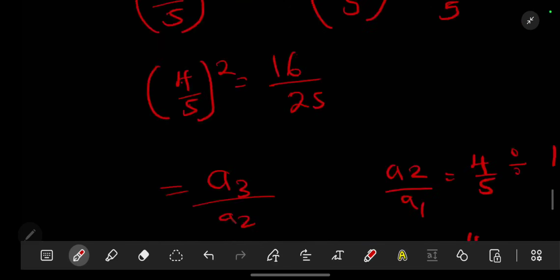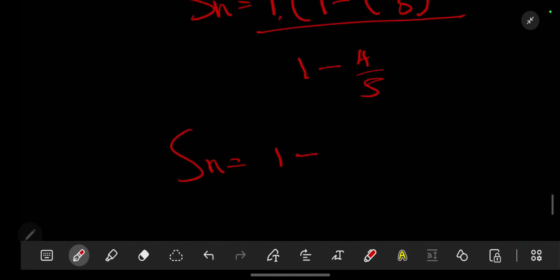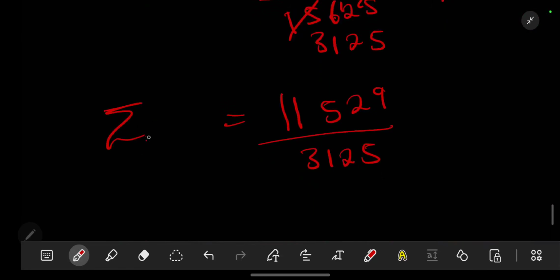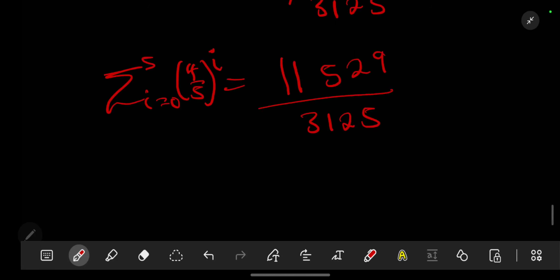Sum for I is equal to 0, I is equal to 0, to 5, 4 over 5 to the power of I, like that. So basically that is how we solve that one.